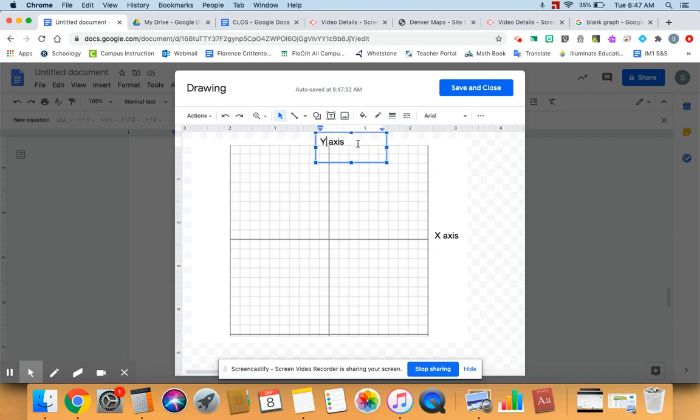Then this point right in the middle is 0, 0. And so let's say I'm plotting points from my function machine. I put in x of 1, and I get out the answer of like 3. So then I have a point where x is 1 and y is 3 right there.